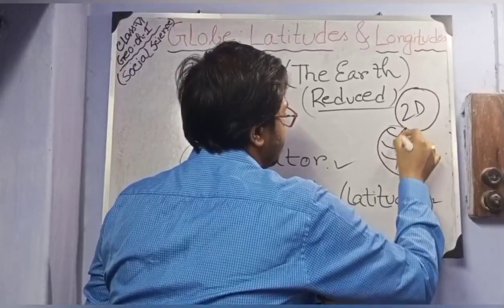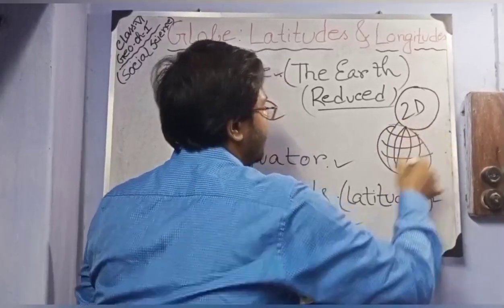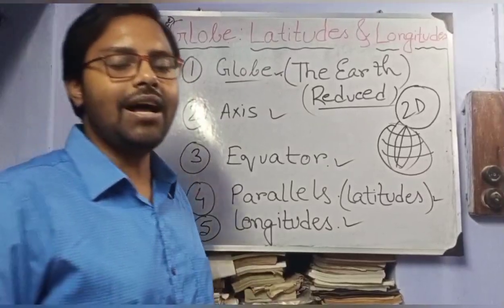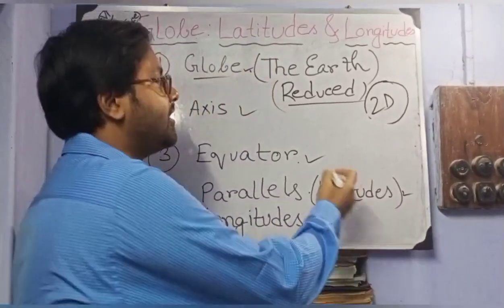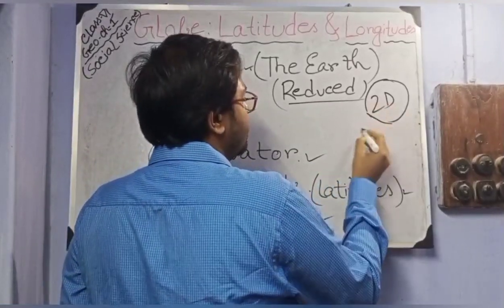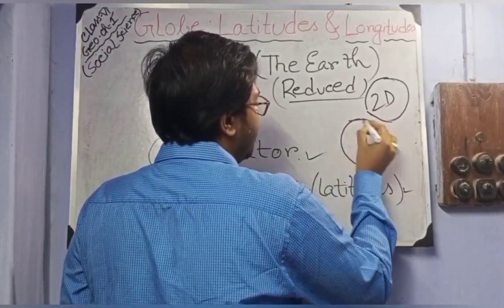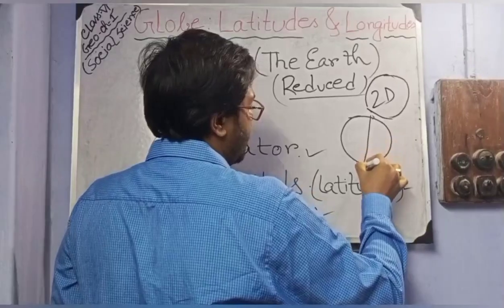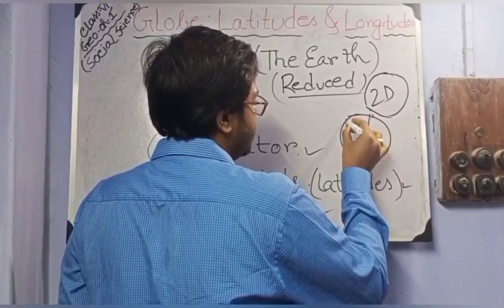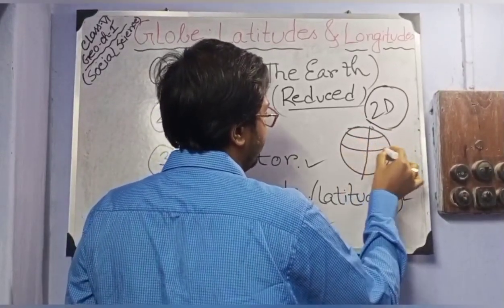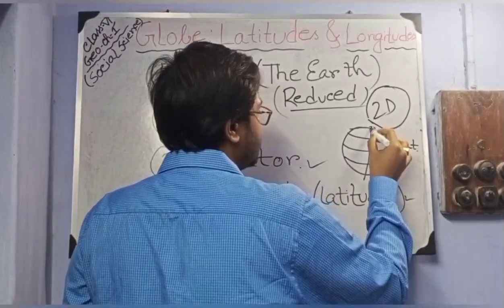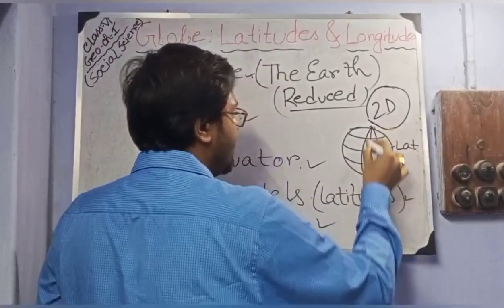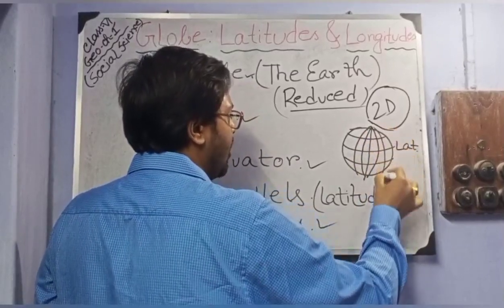This is a sphere. If you see this, we have drawn imaginary lines like this. This west to east imaginary line is latitudes, and this north to south imaginary line is longitudes.